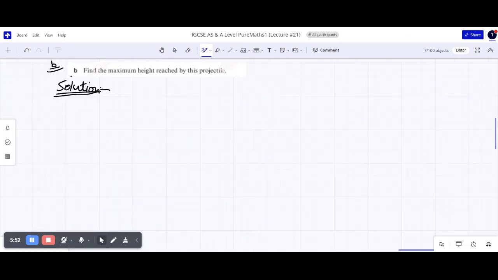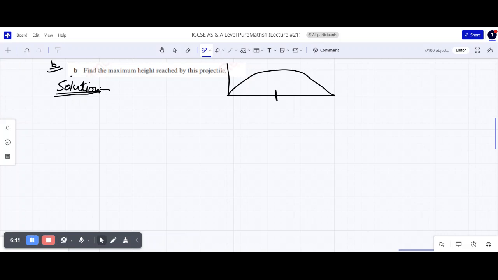Now find the maximum height reached by this projectile. The maximum height occurs at the midpoint of the horizontal range.